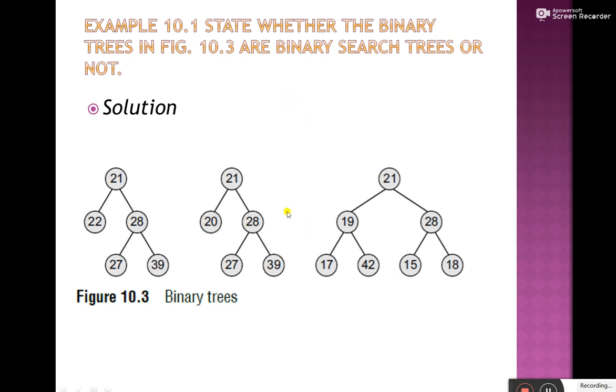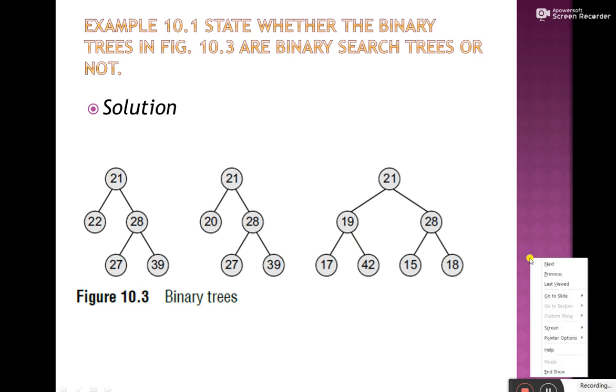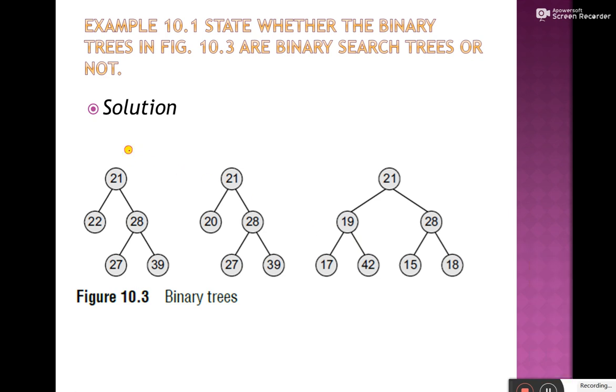Okay. Now, let's move on to an example to identify whether the given tree is a binary search tree or not. If you go to this first tree, here this is a root node. Now, what is the rule? Elements to the left should be less than the root node and nodes to the right should be greater than the root node.